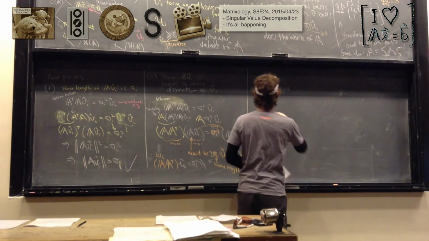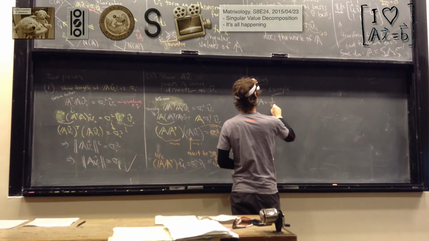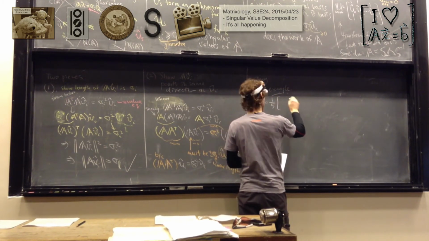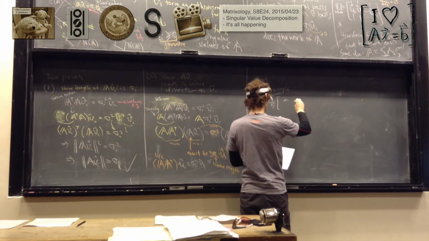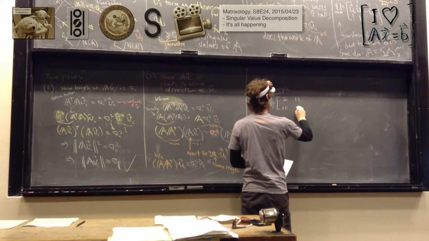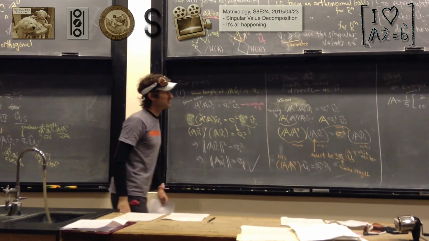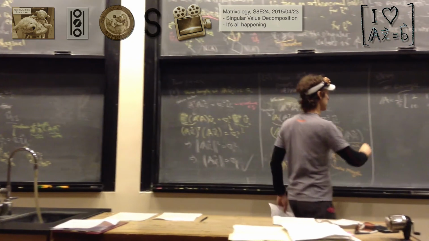So we've done this. An example. So we're going to do this one. A equals a fifth of this funny looking thing here. And you'll have a 2 by 3 to work on in your problem set, which makes it a little bit more interesting. So the claim is it's going to look like this.